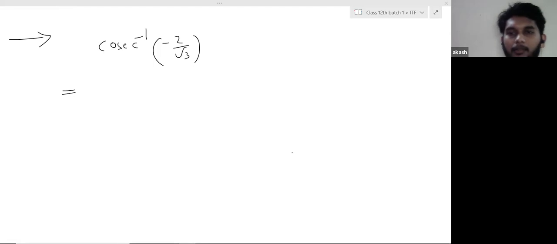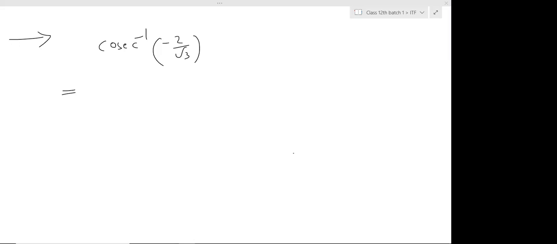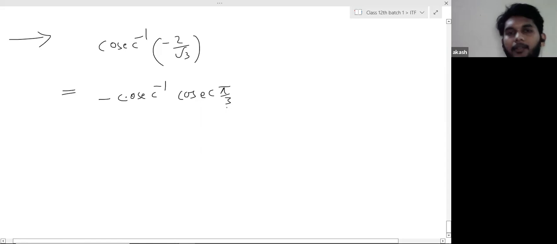Saeed, how to solve this? Yes, sir. It is minus of cosec inverse of cosec pi by 3, which is 5 by 3.